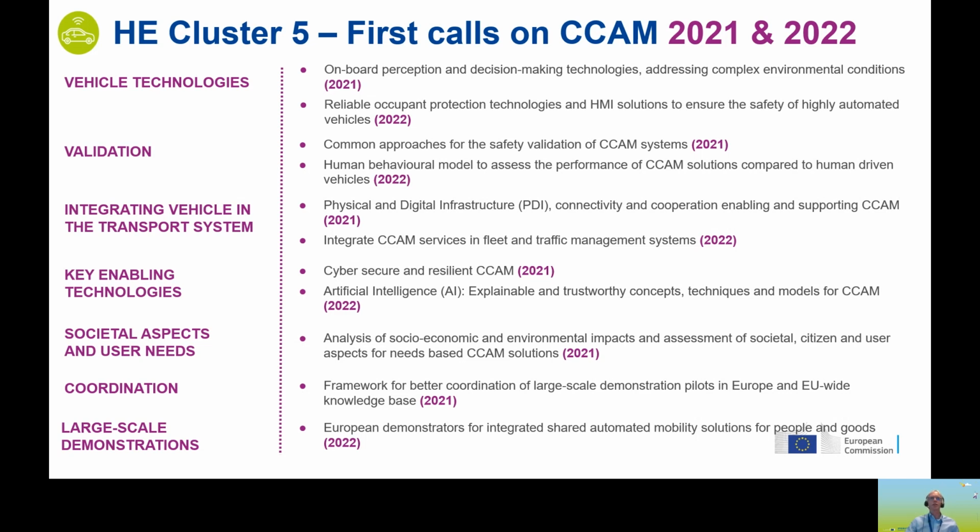And also you see the year of the call. So 2021 means that this topic is open in the first call, and 2022 means that this particular topic is open in the second call. So in the following, my colleagues and I are going to present to you all the 11 topics in more detail in the order of the 7 research and innovation areas.